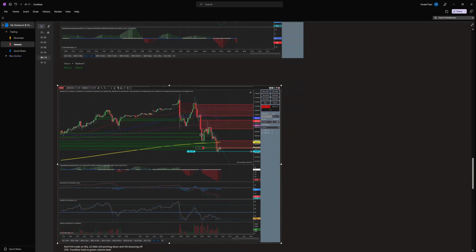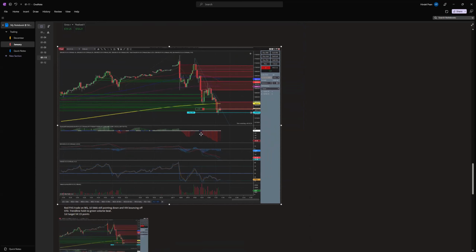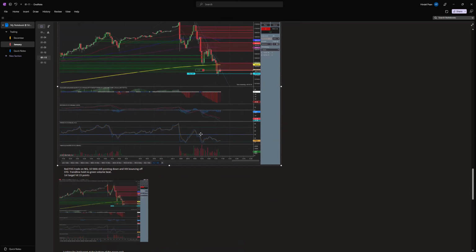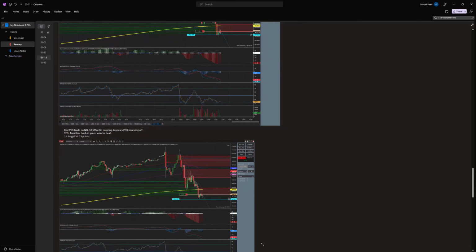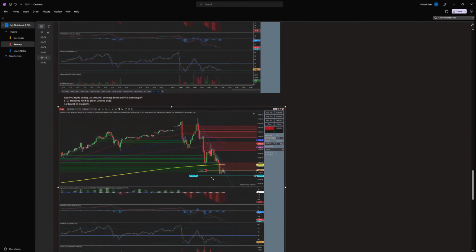This one I took another trade, and this one actually worked out, looking for a few points because I didn't want to go too crazy. 2 contracts sold. I was able to get 5 points from here. The trend line was holding, that's what made me get into the trade when I saw it really holding that trend line.